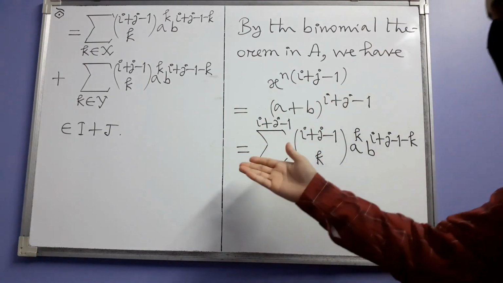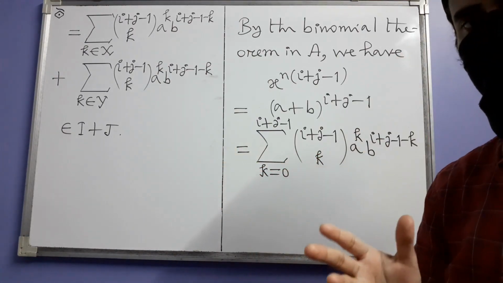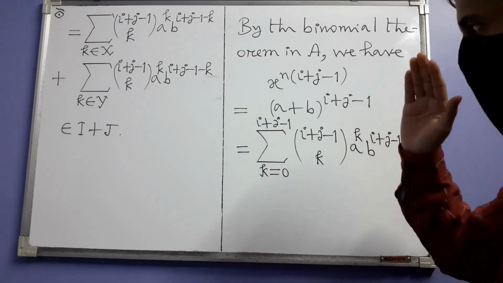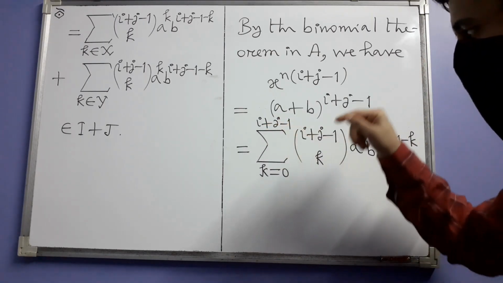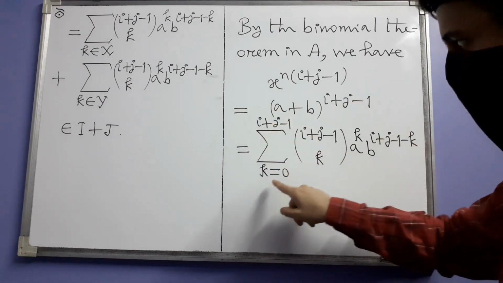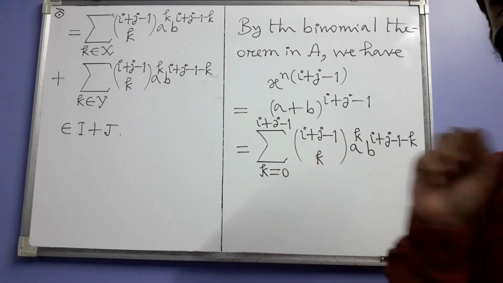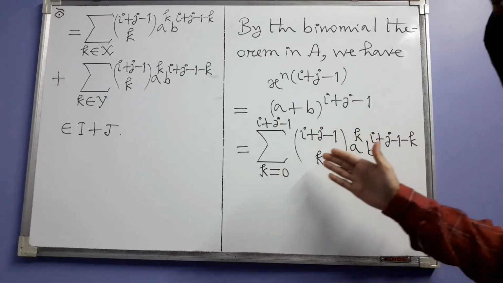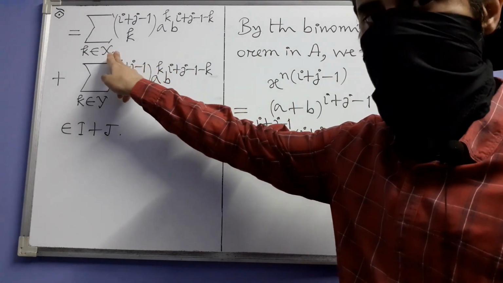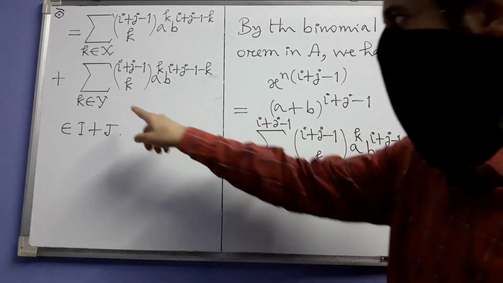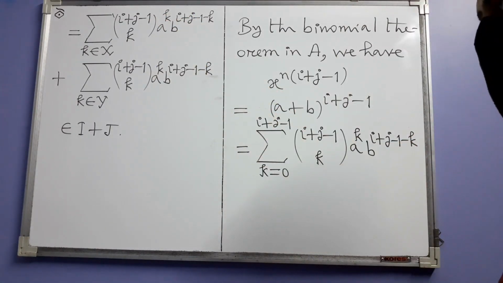That is why I said that x and y form a partition of the set of all non-negative integers less than or equal to i plus j minus 1, because those are the integers that we see here, and that is why I have also chosen this index name k. So a part of this case will form the set x and the remaining case will form the set y, and the sum will be split into two sums.